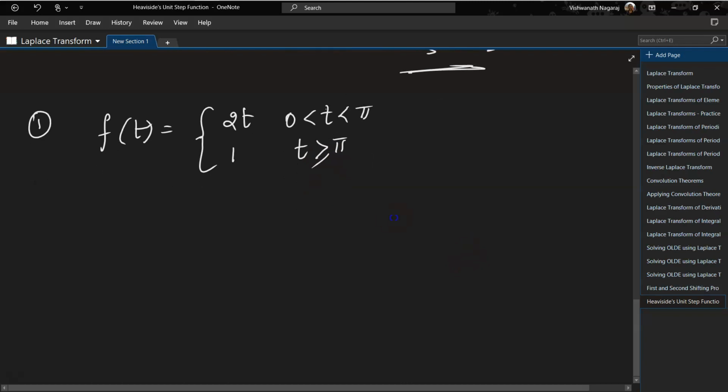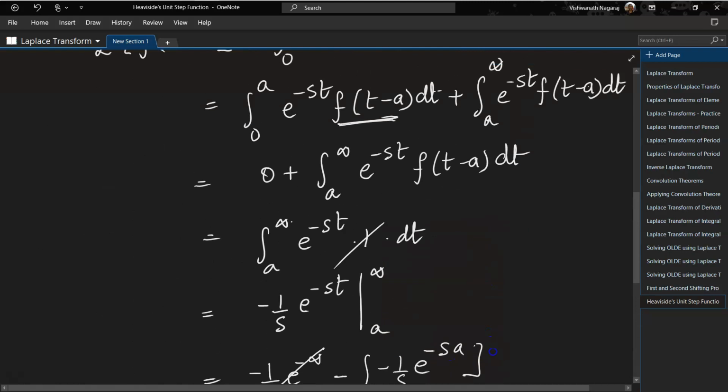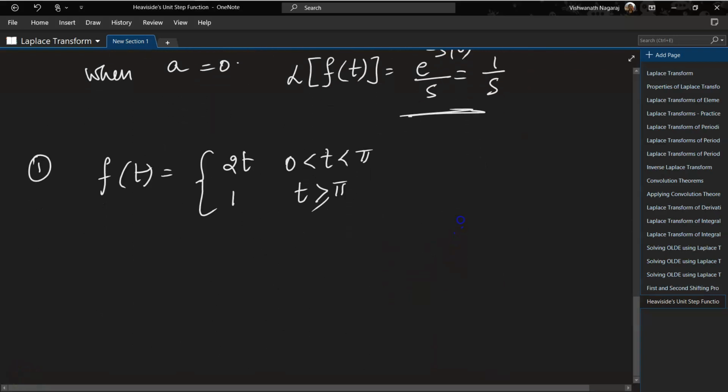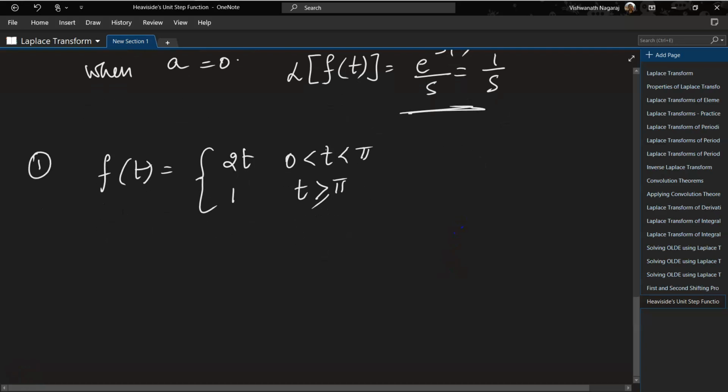Now what we need to do, remember we only know the step function, that is the t minus a kind of setup is what we are familiar with. So what we need to do is convert that into those terms, in terms of t minus something. So first of all we have to express it in terms of the unit function and then find the Laplace.